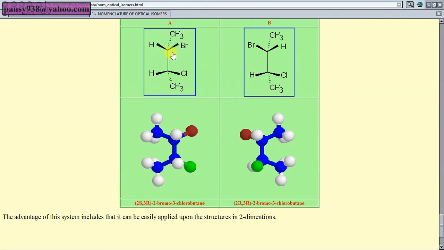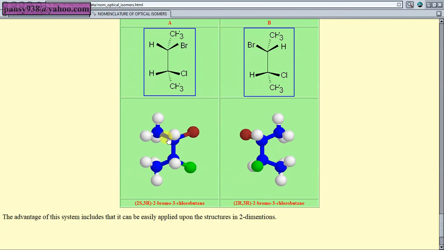2-bromo, 3-chloro. So this is carbon number 2. At carbon number 2, when you follow the rules, the lowest priority is hydrogen attached to this carbon.